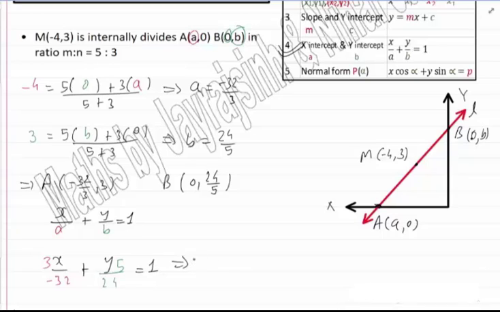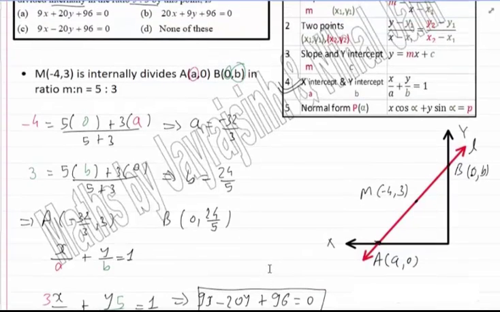If you simplify this, you will get 9x minus 20y plus 96 is equal to 0 as your final simplest form of the equation of the line. Ta-da! And the correct option is option C.